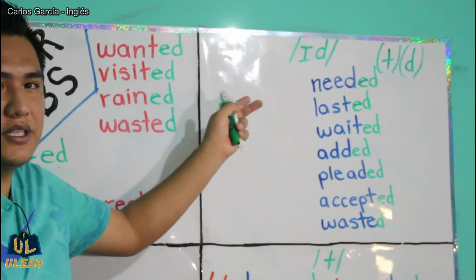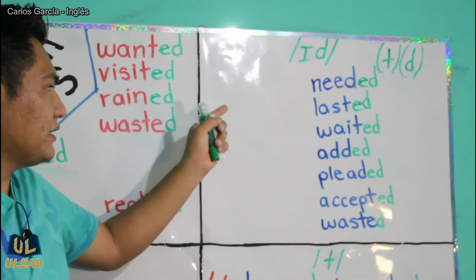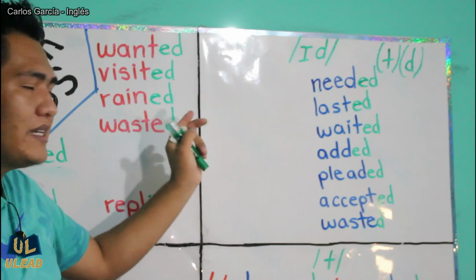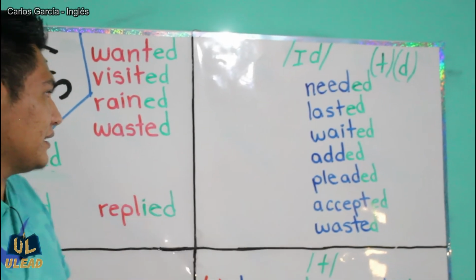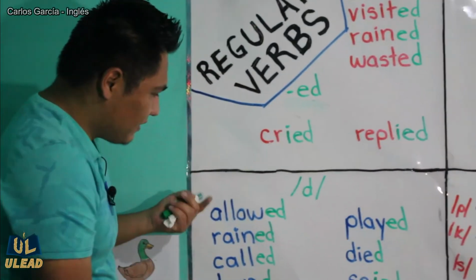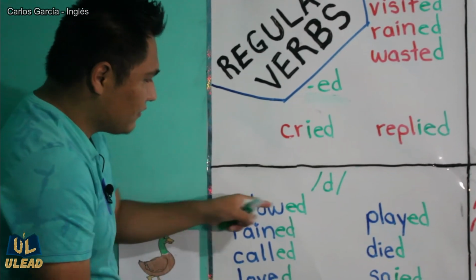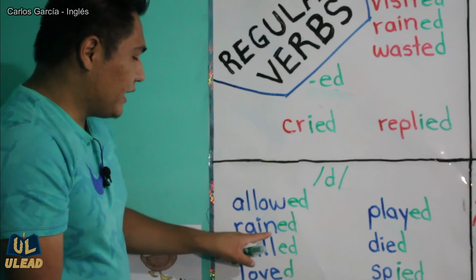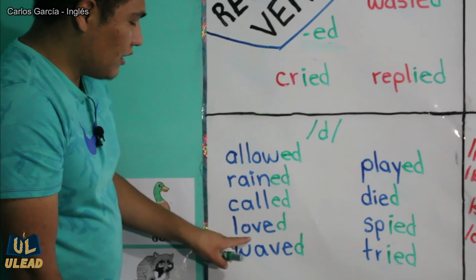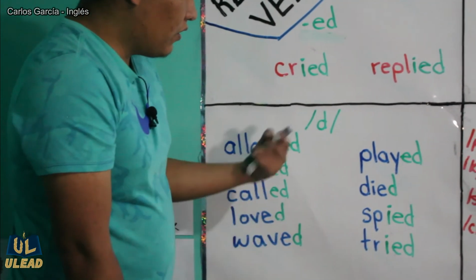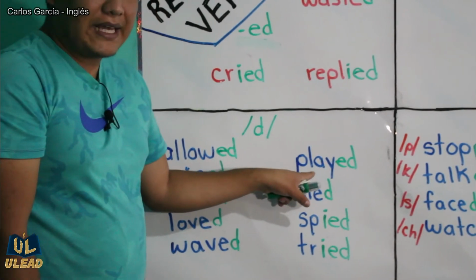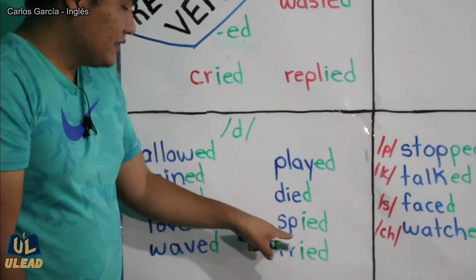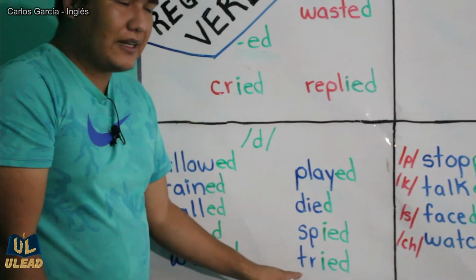It's just id: needed, lasted, waited, added, pleaded, accepted, wasted. Okay, the second way of pronouncing it is with the d sound. Allowed, rained, called, loved, waved, or in vowel sounds, played, died, spied, tried.